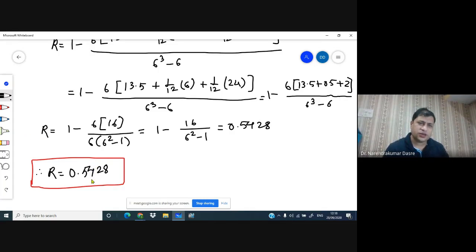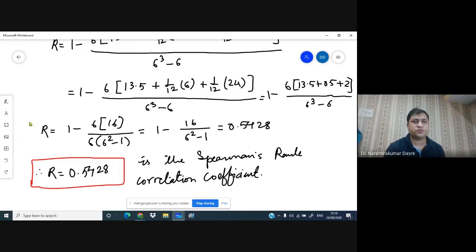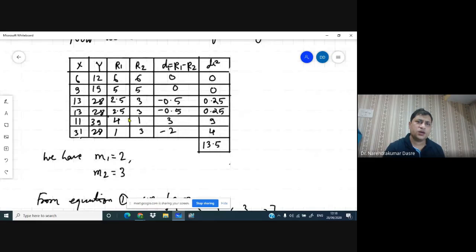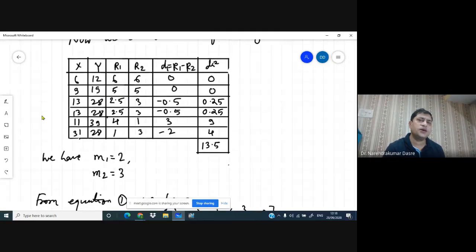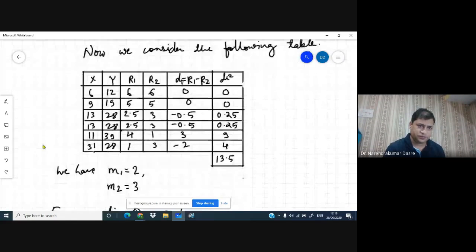So what we can say is the Spearman's rank correlation coefficient. Okay, so that's what we have. So here the only idea was to get the repeated ranks and slightly modify your formula by this term.